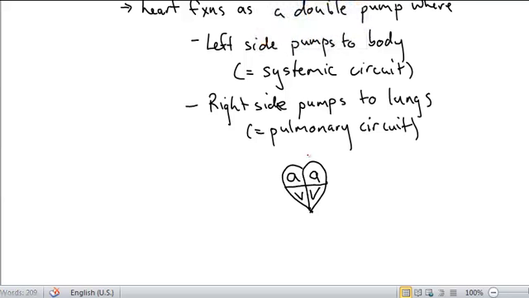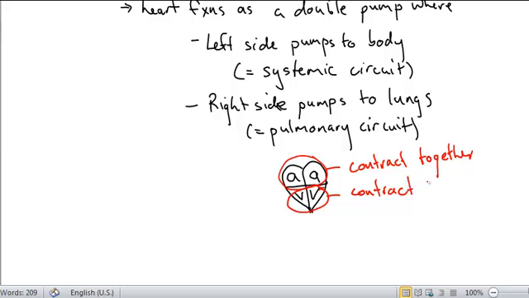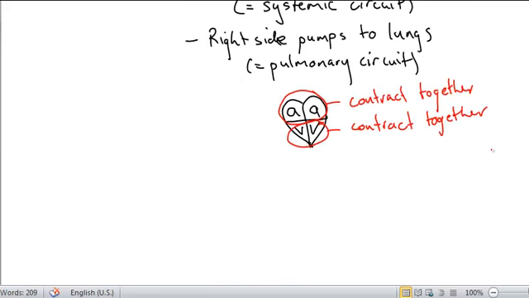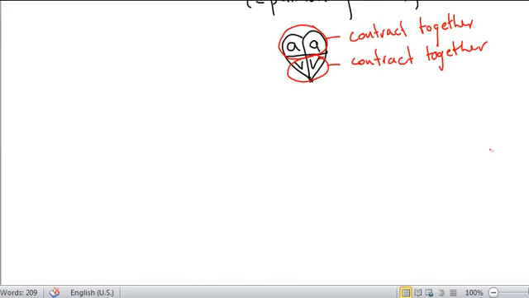And what happens is your atria contract together, and then your ventricles contract together. Okay, and when you hear what's called the lub-dup of your heartbeat, the lub is actually your AV nodes snapping shut.